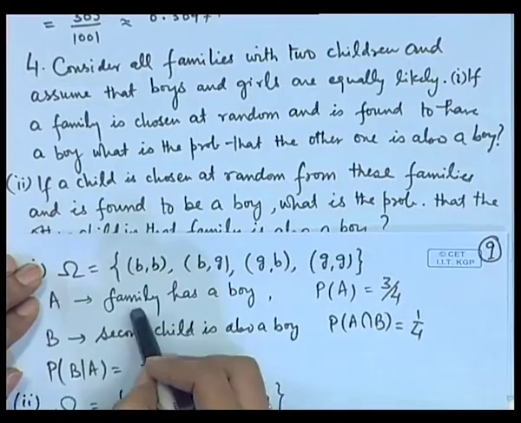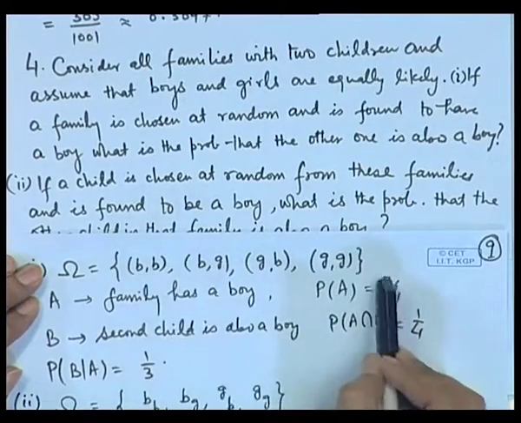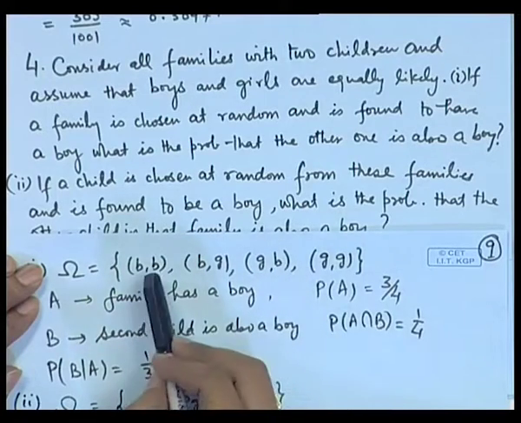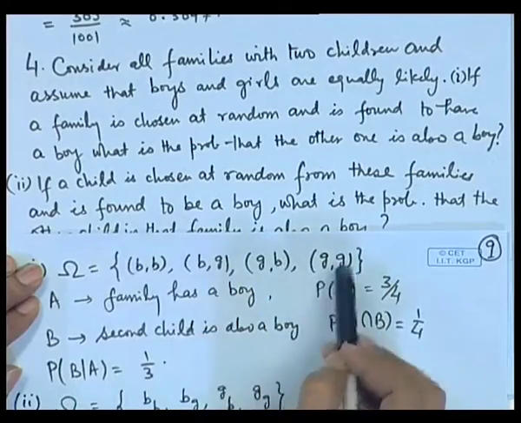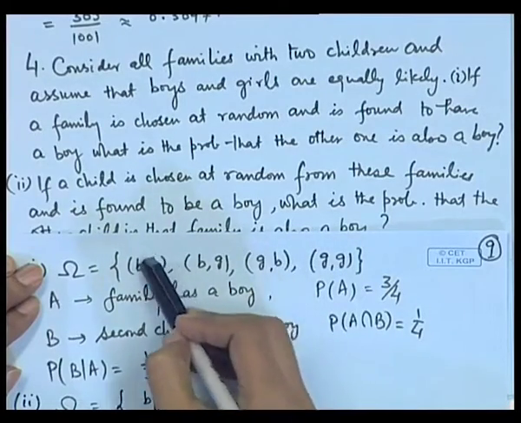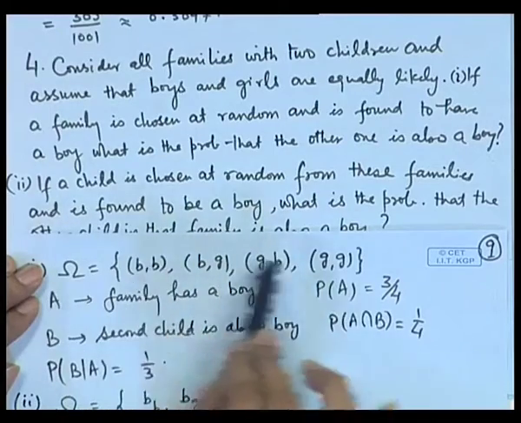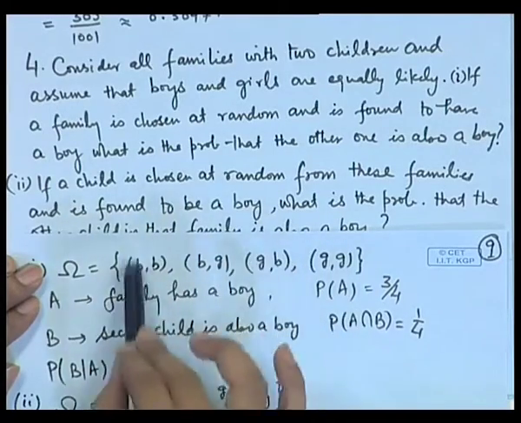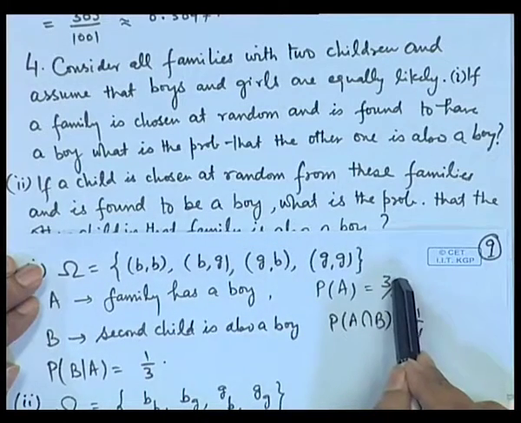So, A is the event that the family has a boy, then the probability of A will be 3/4, because we are choosing a family. So family means it could be this, this, this or this, and therefore a boy is appearing in 3 places, at least one boy.